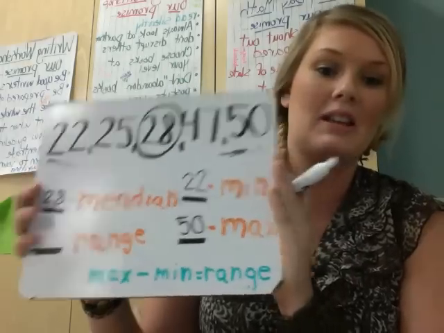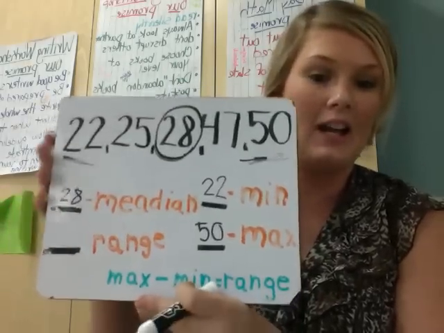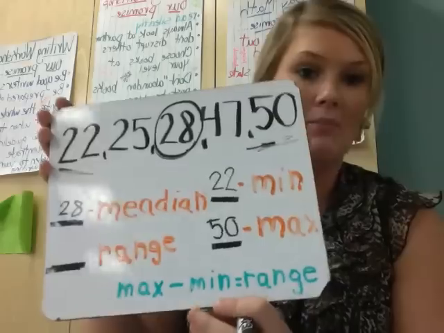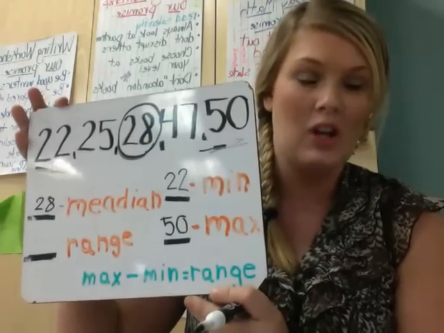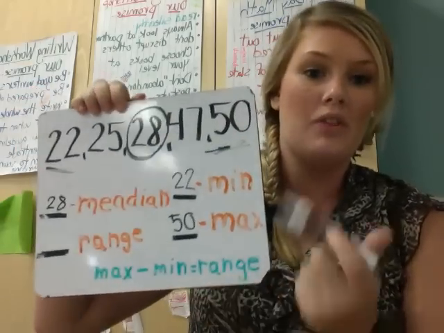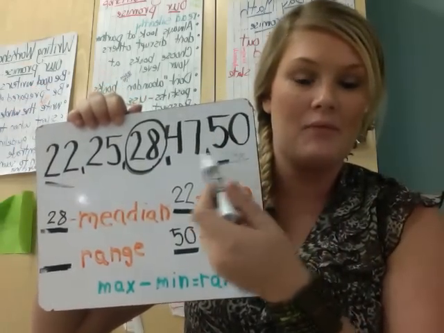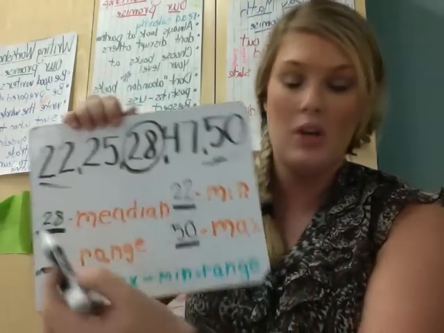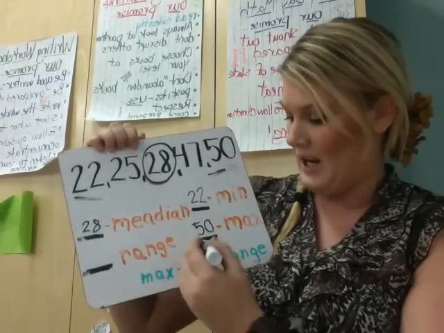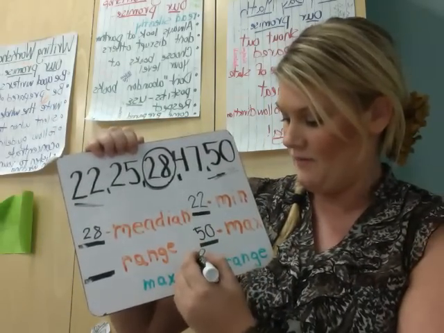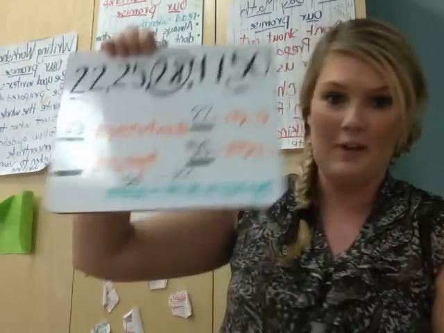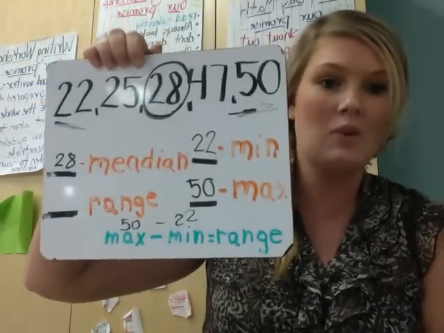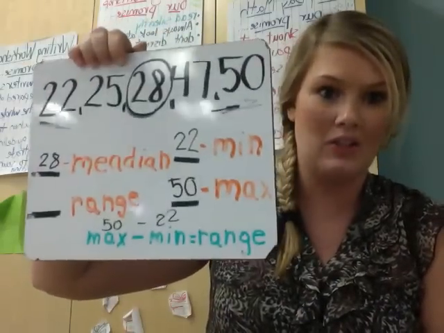And you're going to take the maximum number in your data minus your minimum number in your data, and that's going to give you your range. Okay? So we know that the maximum was 50 and our minimum was 22. So you can put in here your 50, your minus, and 22. And that is going to give you your range.